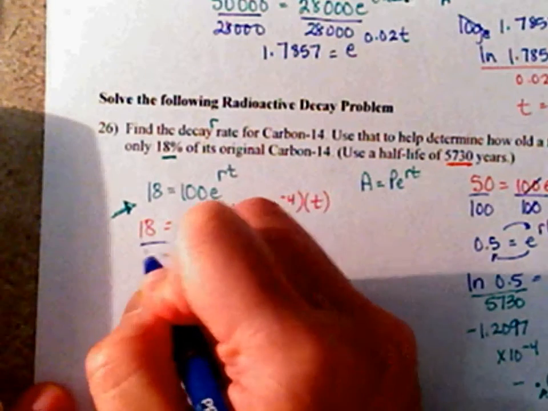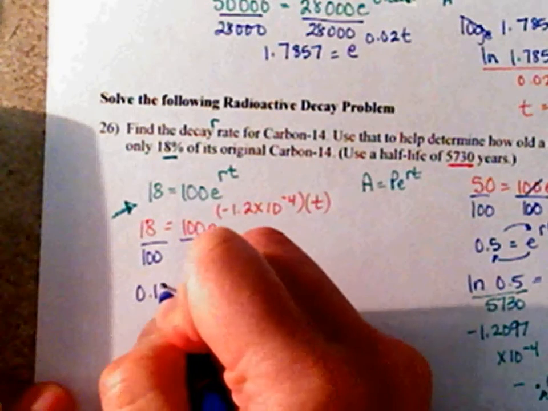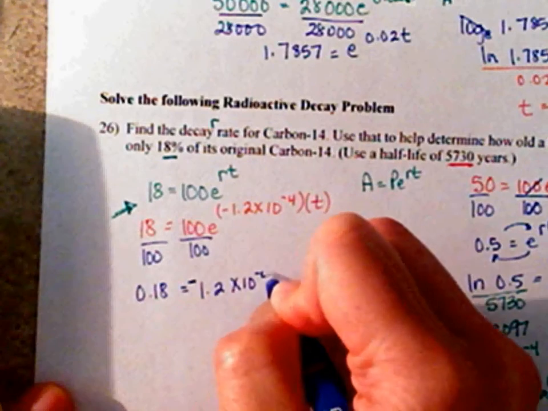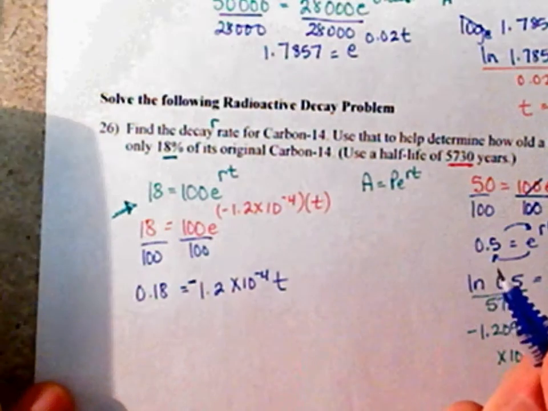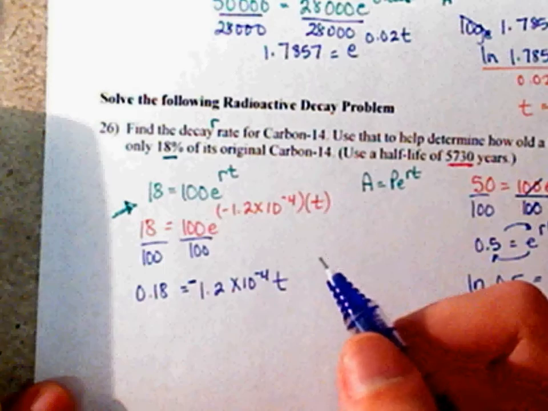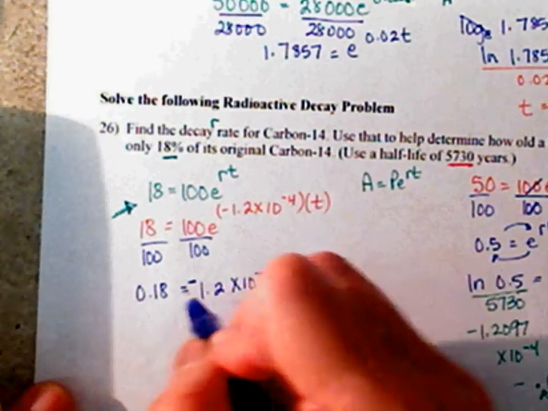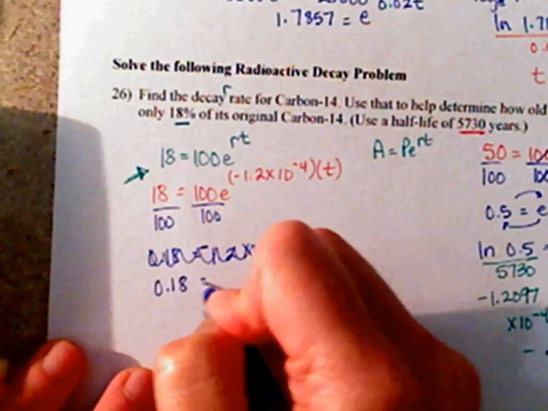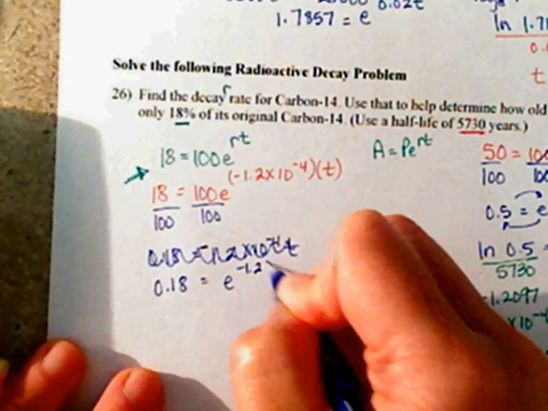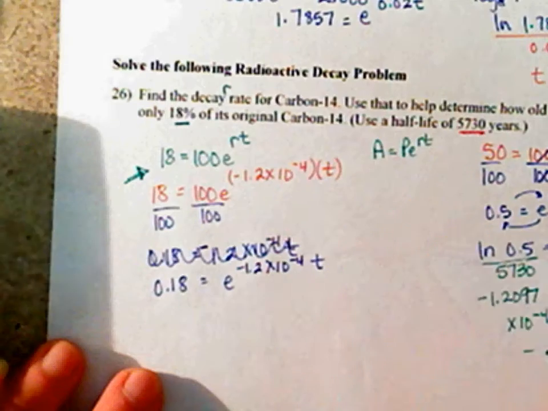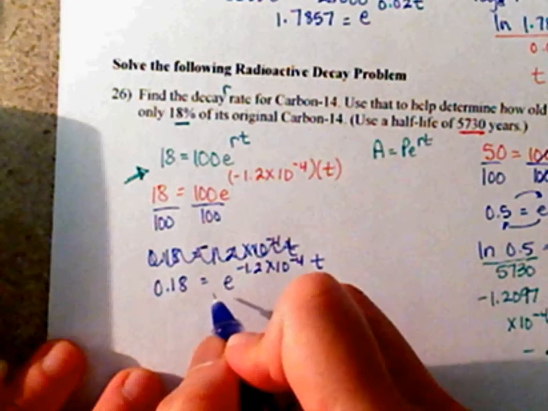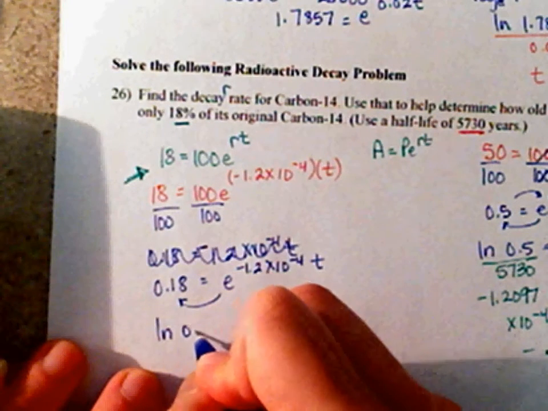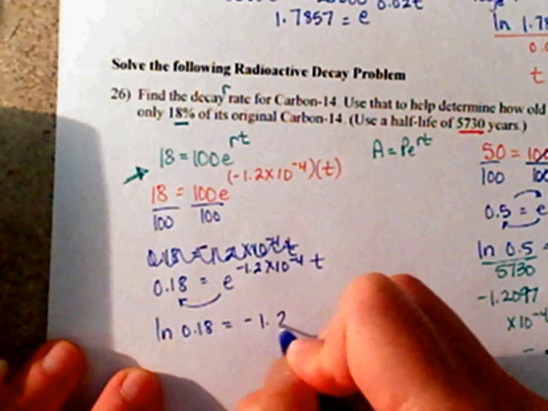So you got 0.18 is equal to... So sorry, I should have had an E here. Okay, let me rewrite it. I left something off. 0.18 is equal to E raised to the negative 1.2 times 10 to the negative 4t. Alright, now rewrite this as a natural log. Natural log of 0.18 is equal to negative 1.2 times 10 to the negative 4t.